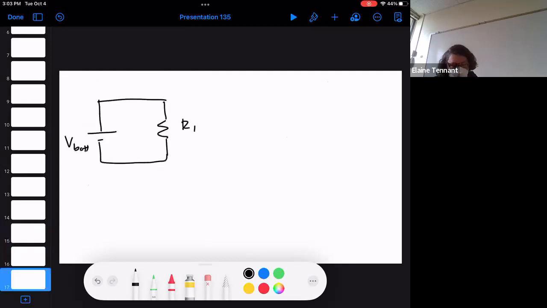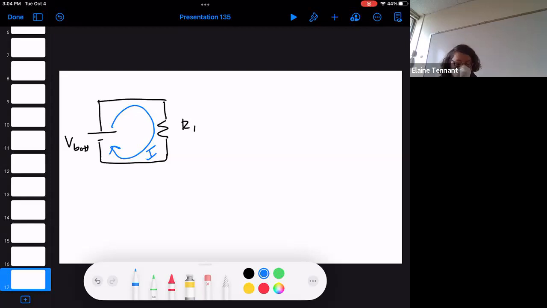On a simple circuit like this, you're going to be able to pretty much tell which way the current is going. But it doesn't matter which way you set it as long as you're consistent about it. So I probably do have time to do it two ways. Let's set it this way first.